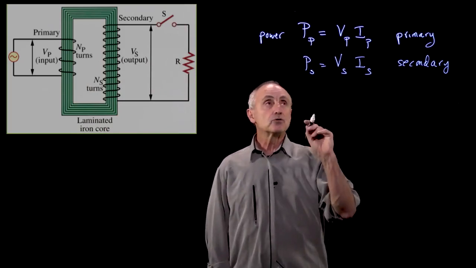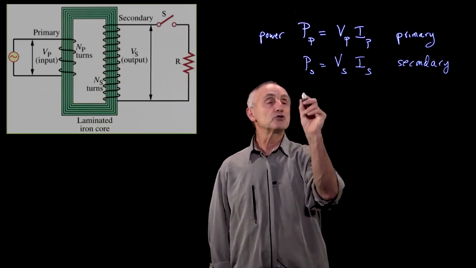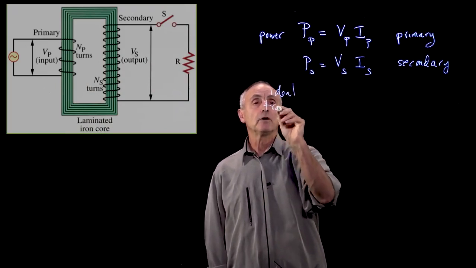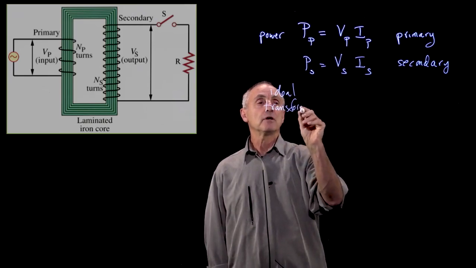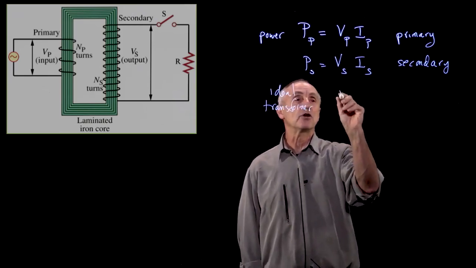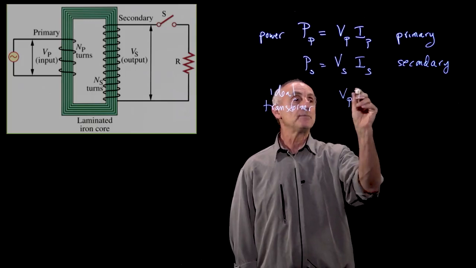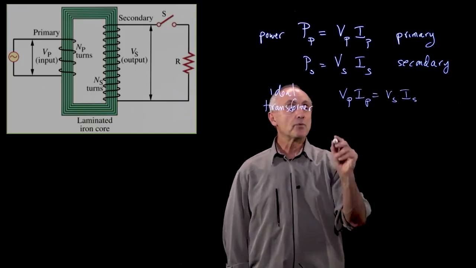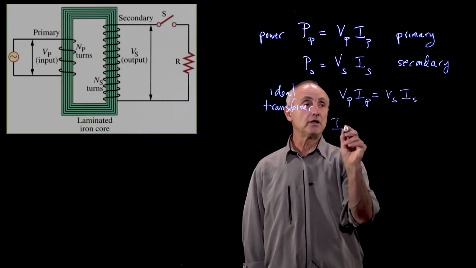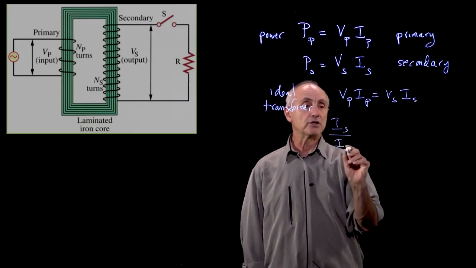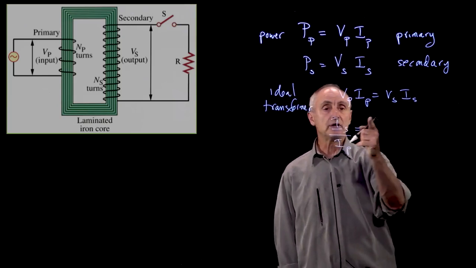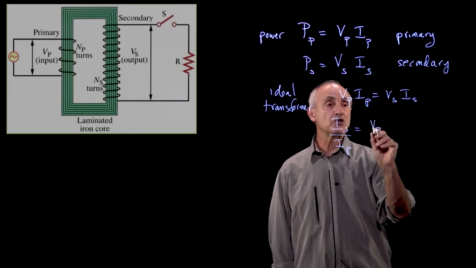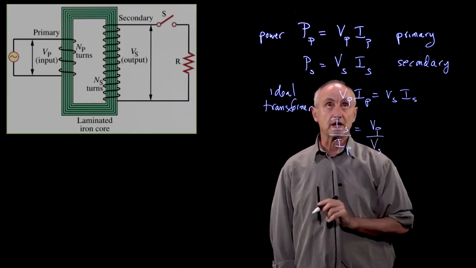Now, in an ideal transformer, we have no power loss. Of course, in a real transformer everything heats up and energy does get lost. We get VP IP equals VS IS. And so the current in the secondary divided by the current in the primary is equal to the voltage ratio, V primary over V secondary.